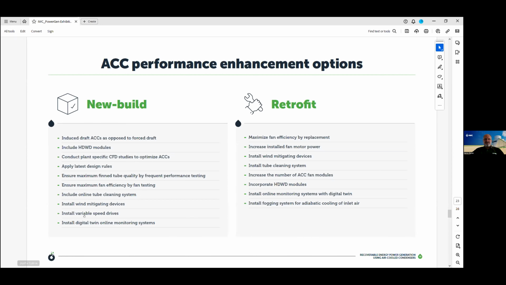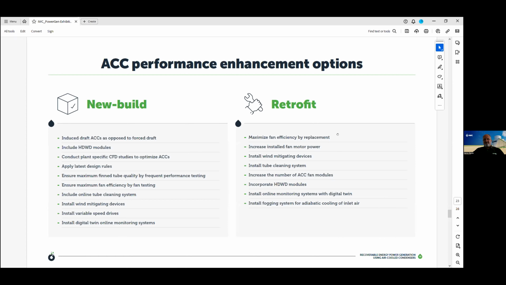Install wind mitigating devices. Install variable speed drives, and install digital twin online monitoring systems. These all will allow you to generate more power out of a system than before.